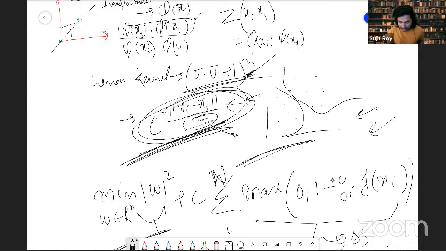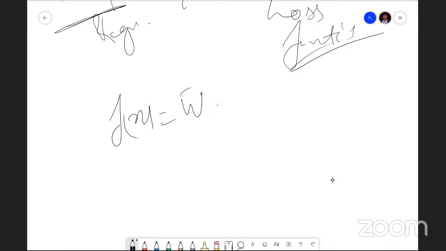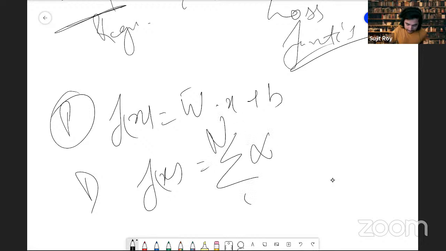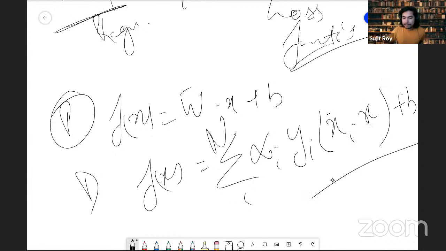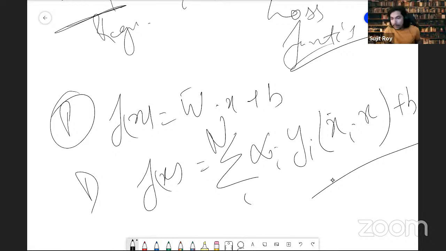As a take-home note, the primal version of the classifier can be written as w vector x plus b, whereas the dual version can be written as f(x). But we use both of them, right? Yes, we use both of them.